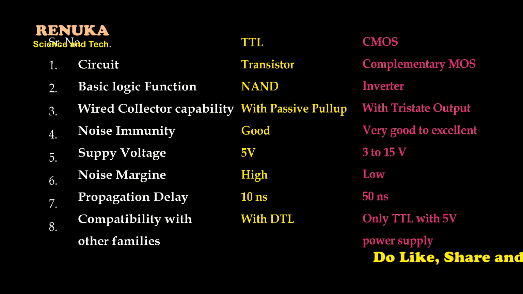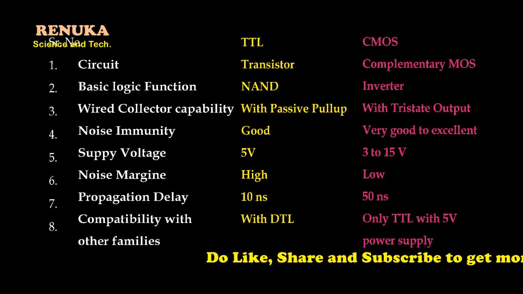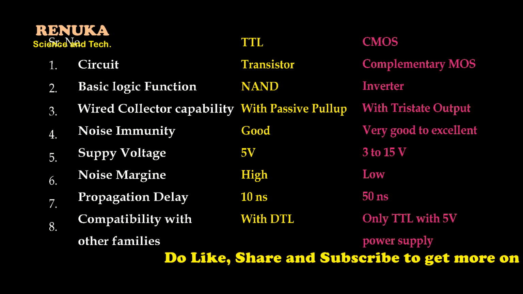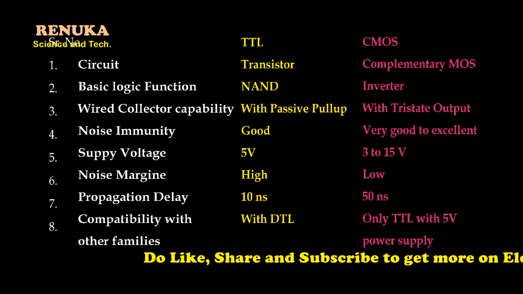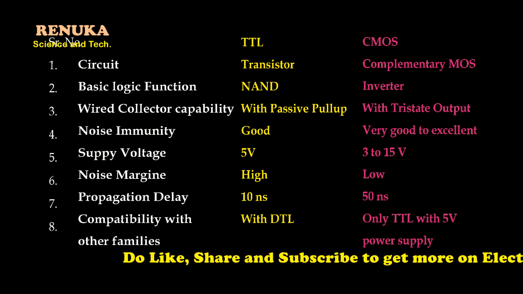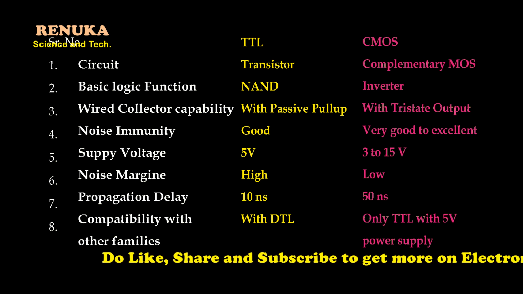That means TTL and CMOS can be connected to each other if a 5 volt power supply is used in the CMOS gate. So this was all about the comparison. We have studied the characteristics or parameters of the TTL and CMOS logic families, and these parameters are used to compare the logic families and decide which is better for operation.